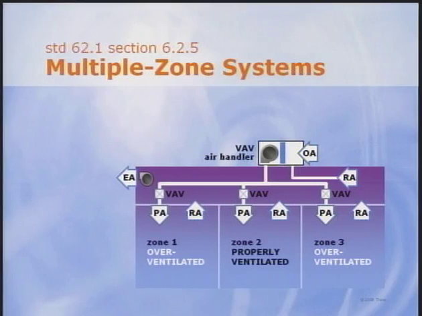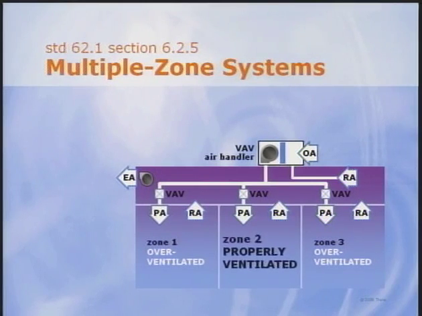Before I explain this in more detail, let's talk about efficiency. Remember, in a multiple zone recirculating system, one air handler supplies a mixture of outdoor air and recirculated air to more than one ventilation zone. The outdoor air needed at the intake depends on the outdoor air required in all zones and how efficiently the system delivers it.